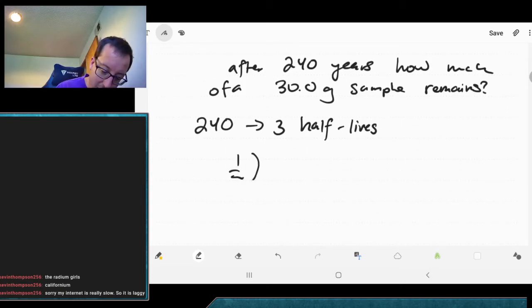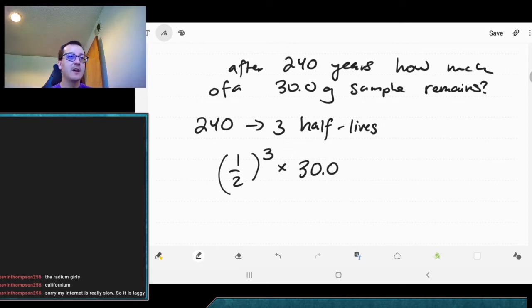So we have 1/2 cubed. We're doing 3 half-lives, so we have 3 halves there. We do this, and we get 30 over 8, which is going to be 3 point something. 3.2. Thank you. Oh, 3.75.